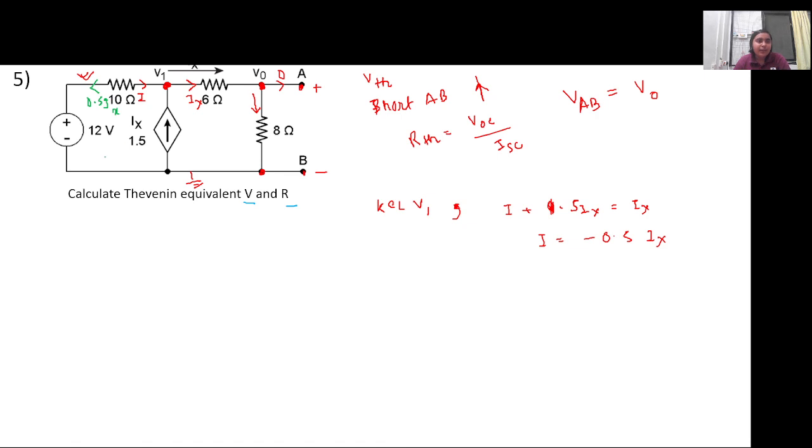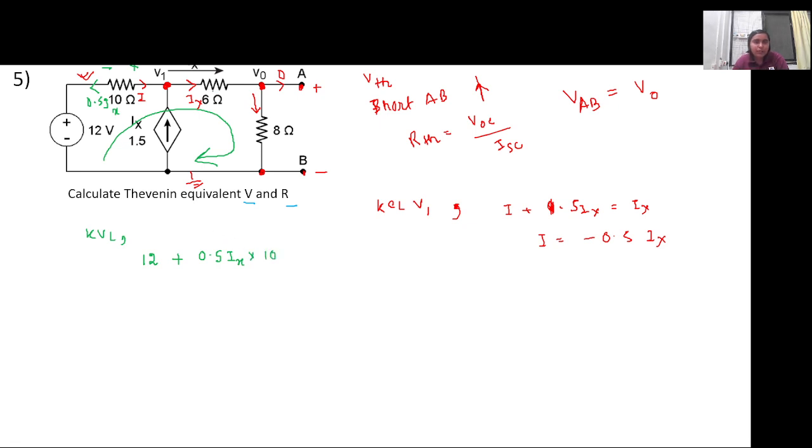Now we can directly apply KVL in this bigger loop. We are moving from this direction, so 12 volt, and the current is moving in this direction, so the voltage drop will be plus 0.5 Ix into 10, right?